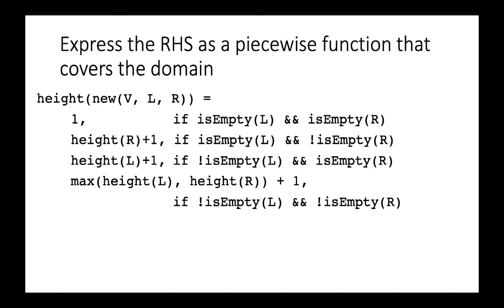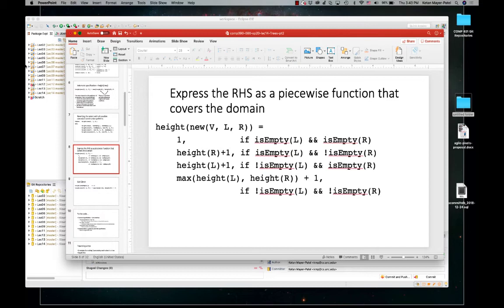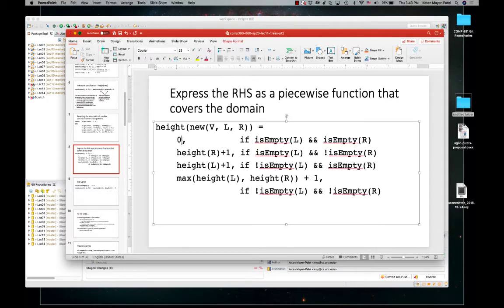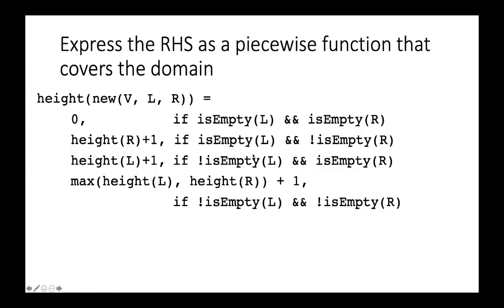Now I have 4 different answers for what this function could be with the right-hand side, depending on all the different combinations of various characteristics of L and R. If L is empty and R is empty, then it's just 1. Actually, that should be 0. I just figured that out in my head. And so on, et cetera.